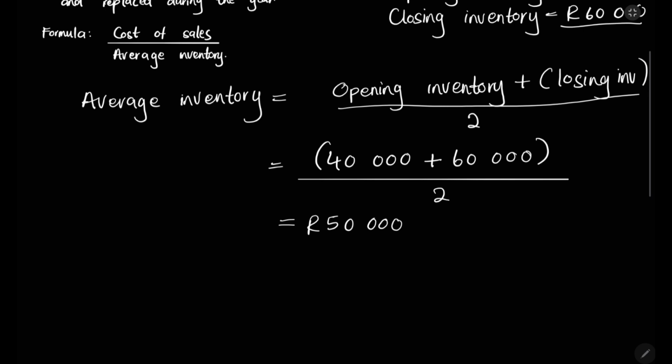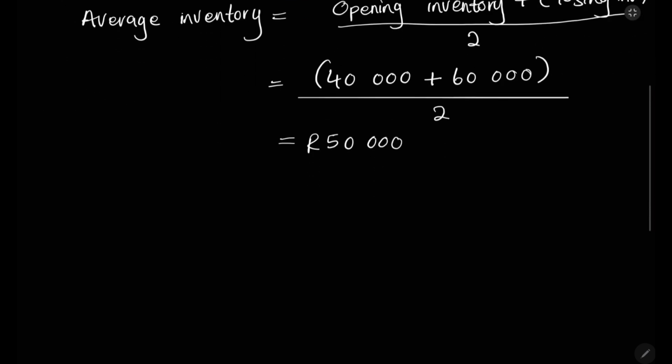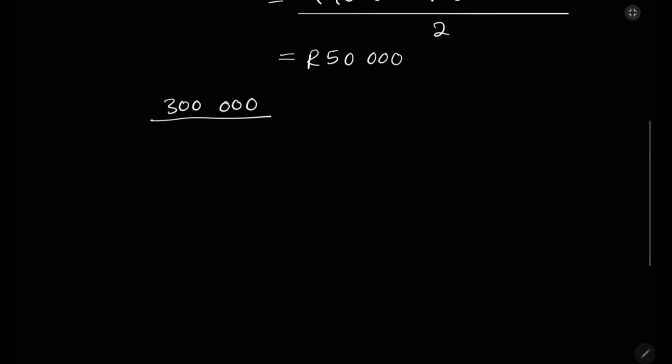Now this is your average inventory. We just calculated that. So we have this part and we also have our cost of sales. So let's say cost of sales over average inventory. Our cost of sales is 300,000 Rand, divided by the average inventory that we just calculated, which is 50,000 Rand.